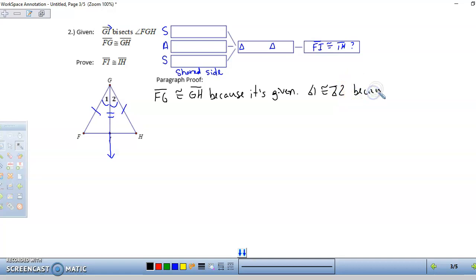And this is just a different way to phrase things, so you can write it however you'd like. But angle 1 is congruent to angle 2 because of the definition of an angle bisector.